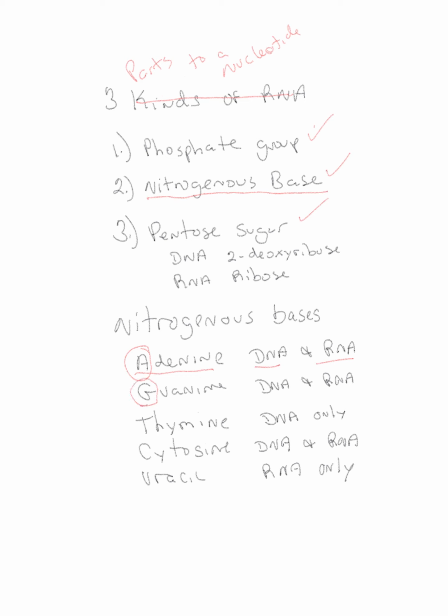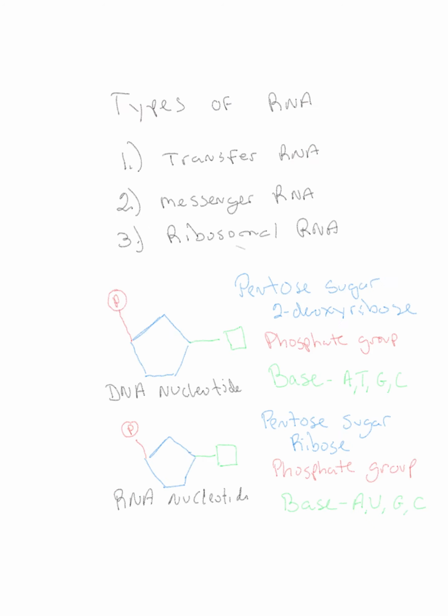Guanine can be found in DNA and RNA. Thymine, however, can only be found in DNA. Cytosine is found in both DNA and RNA. Uracil, on the other hand, is only found in RNA. Now, if you look at the types of RNA, there's transfer RNA, messenger RNA, and ribosomal RNA.